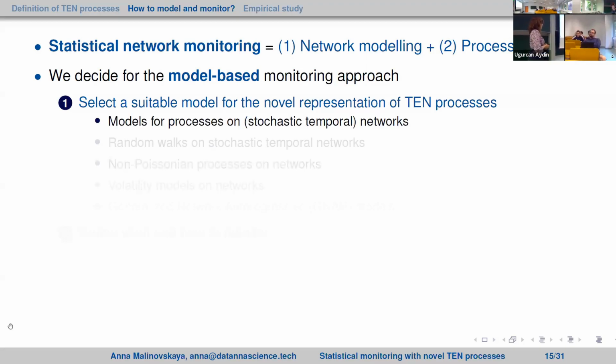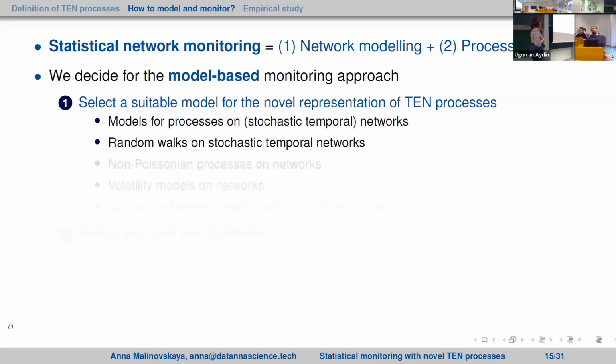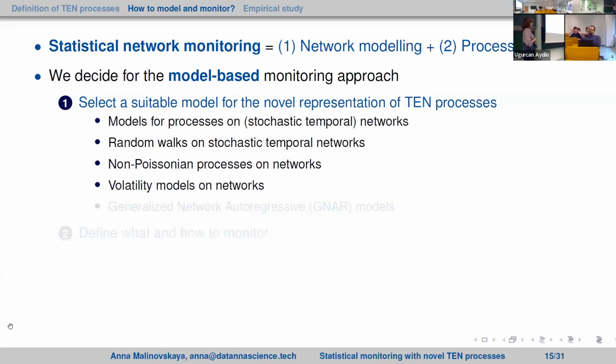For that, we have to think about what the alternatives are. First of all, there could be models for processes on networks already, where you can think about Poisson processes and so on. In this direction, you can think of random walks on stochastic temporal networks. Non-Poissonian processes also exist, as do volatility models on networks. What we go for is the so-called generalized network autoregressive model, and that will be explained in a second.